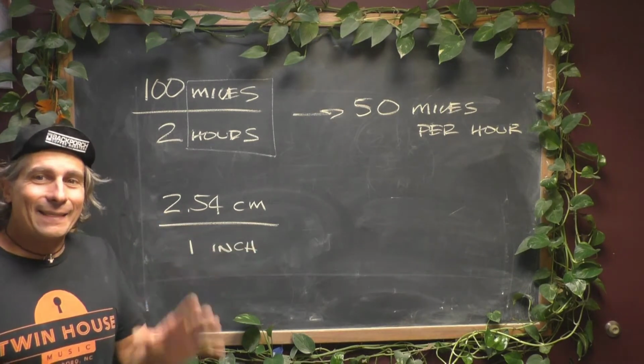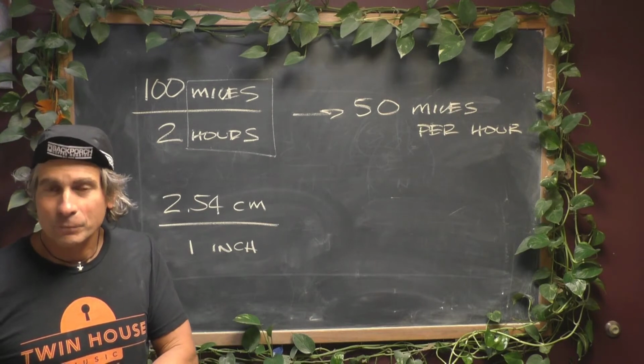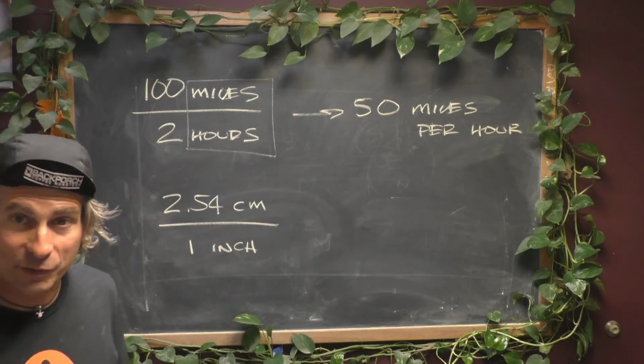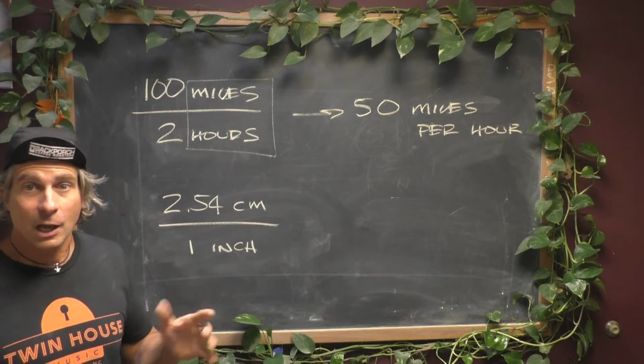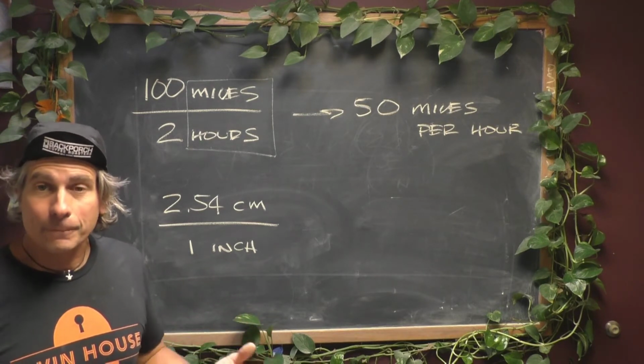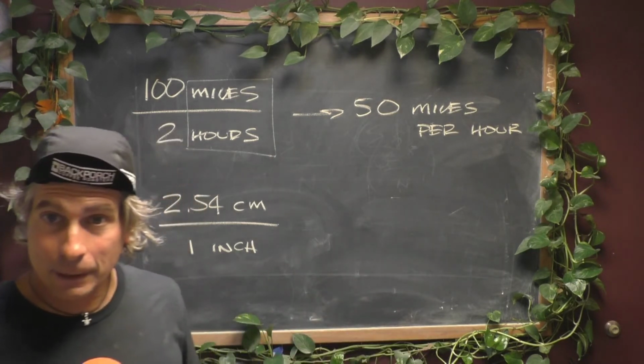We need to get this to centimeters per foot. I like sneaking problems like this in every once in a while because it forces us to go back and realize, okay, how are we going to do this? Well, something else you have to realize is there are 12 inches in 1 foot.